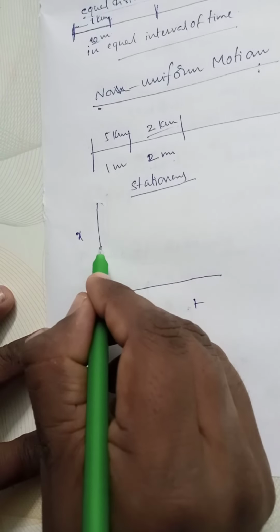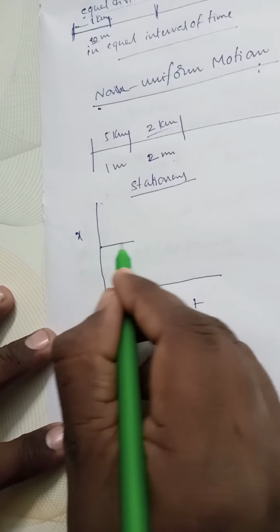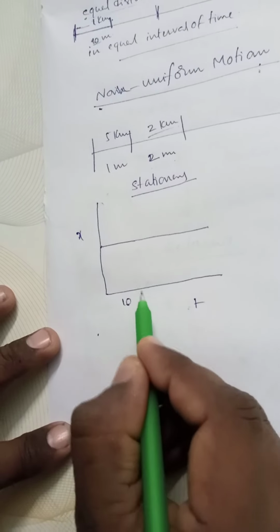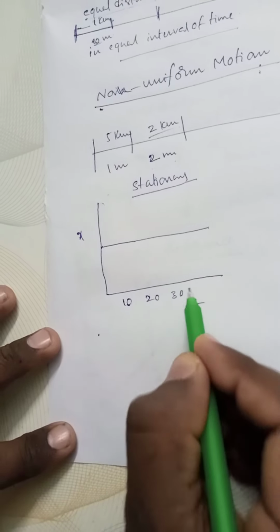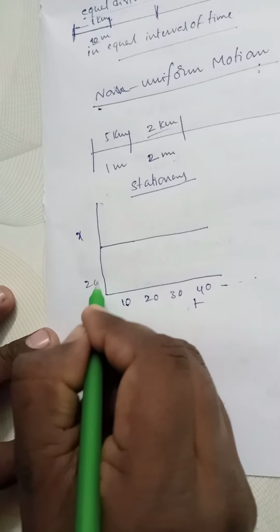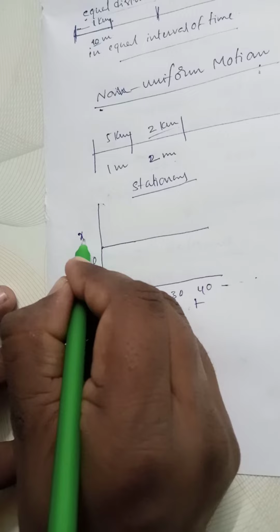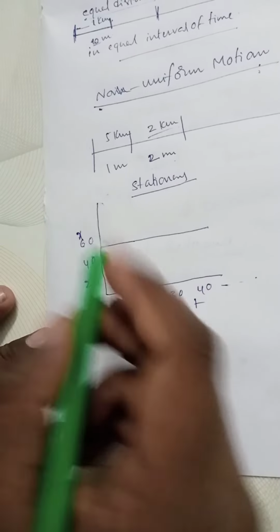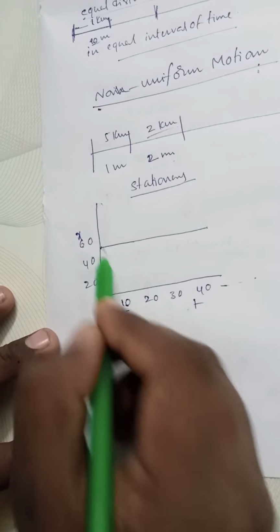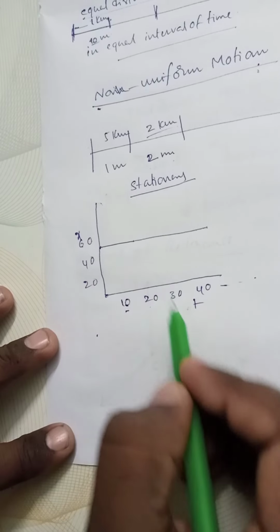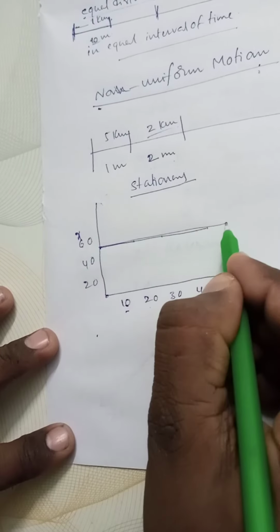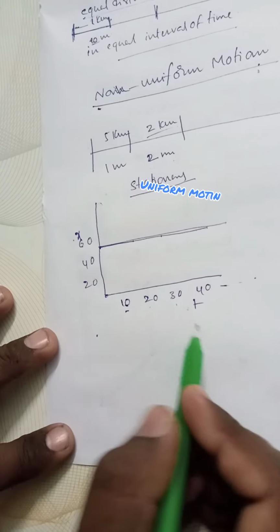Suppose this is the graph line: 10 minutes, 20 minutes, 30 minutes, 40 minutes, and positions 20 meters, 40 meters, 60 meters. At 10 minutes, the same position; at 20 minutes, the same position; at 30 minutes, the same position. That's why this is the graph between x and t.